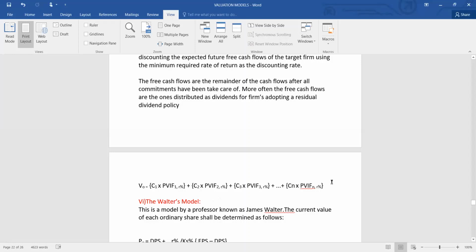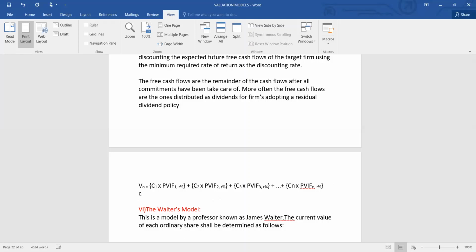I think I should have said here that C1, C2, all the way up to Cn are the free cash flows. Free cash flows year 1, year 2, all the way up to time n. Those are free cash flows.